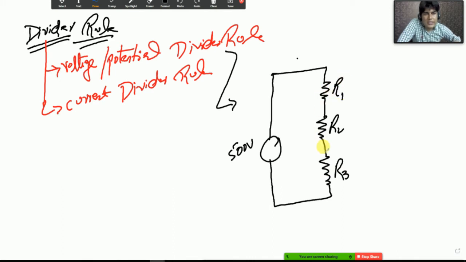If all three resistors are the same, then the same potential drop will occur across them. To find the potential across one resistor, you take 500 volt and divide it by the number of resistors connected in series, which in this case is 3. You can do this if all resistors are the same.